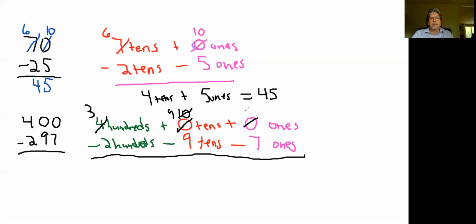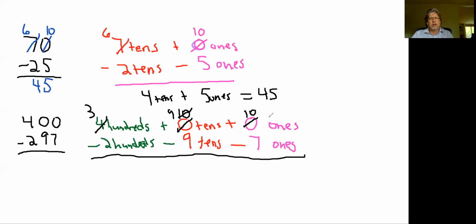That turns into 10 ones. And so using borrowing, I can rewrite the problem as 300s, 9 tens, and 10 ones. That's still going to represent 400, because remember, that's 390 plus 10 is 400.